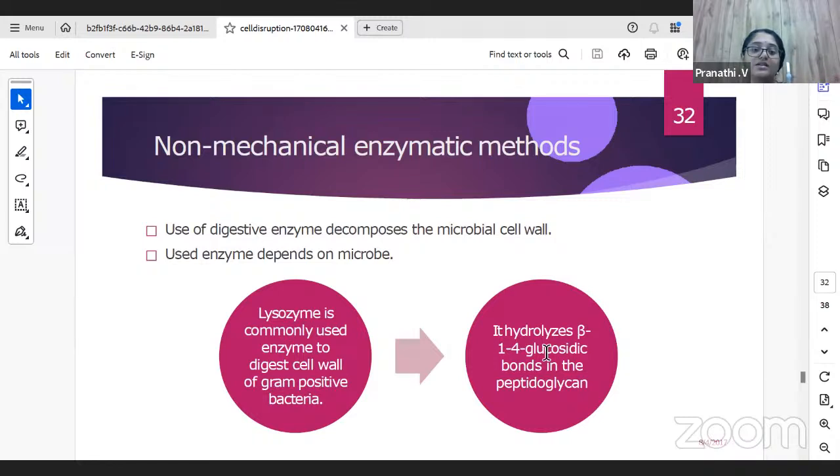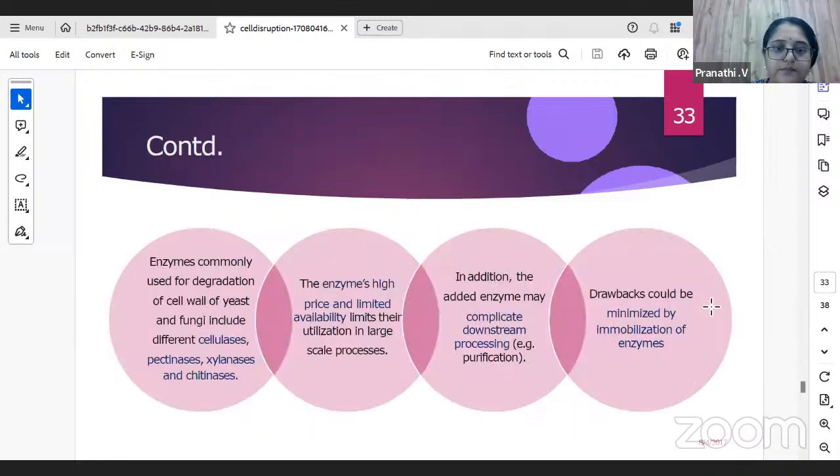Again, you can use a specific enzyme based on the specific microbe. Lysozyme is commonly used. It will digest the cell wall of gram-positive bacteria. Where is it going to act? On the beta-1,4 glycosidic bonds that are present in the peptidoglycan layer.